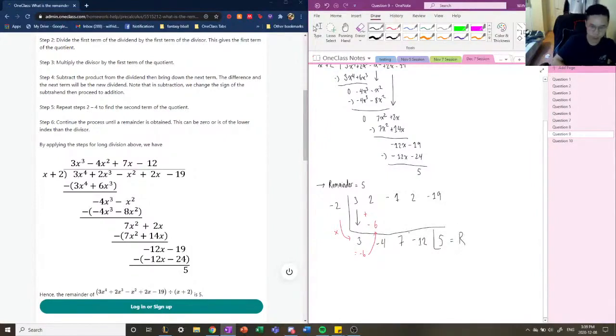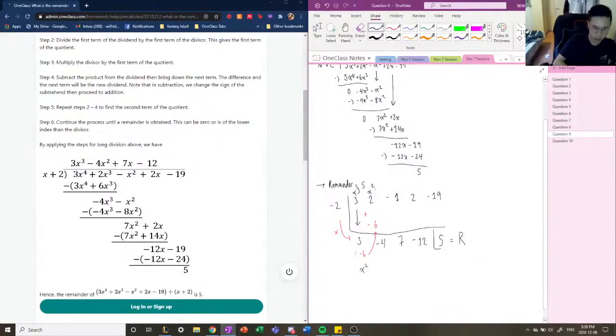And these coefficients here are the coefficients of the resultant dividend, or the quotient, sorry. The quotient has 1 degree less than the polynomial. So if this is x cubed here, then this first digit is going to be x squared, and so on.